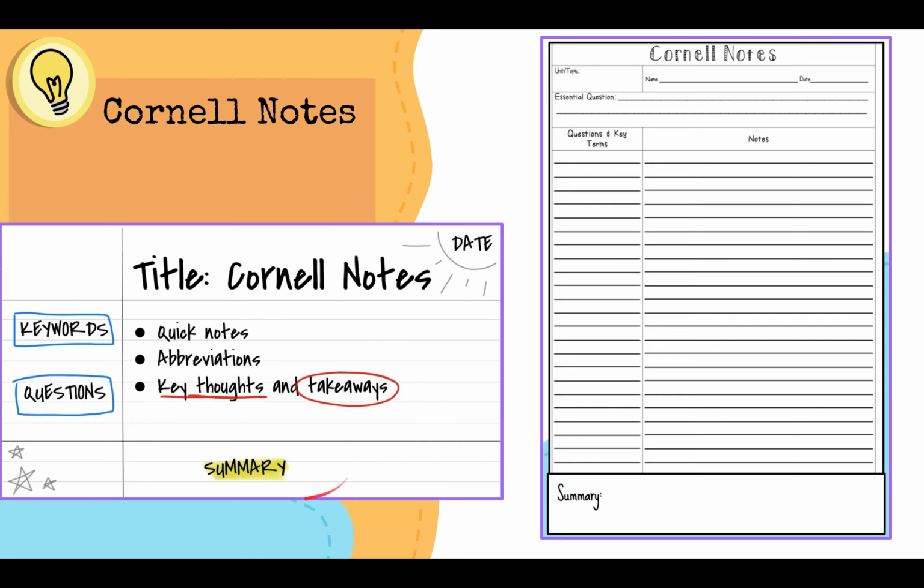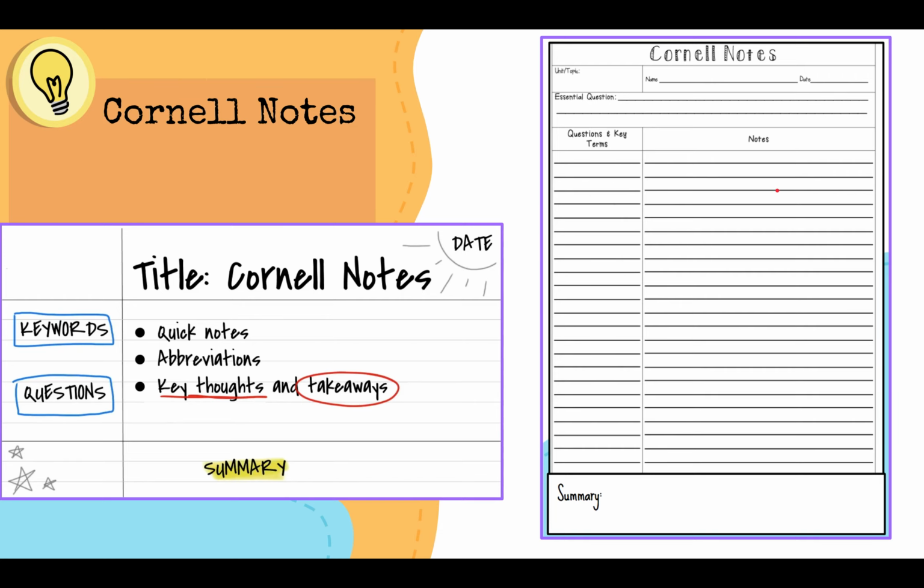On the bottom, you want to leave maybe 3 to 4 lines available for a summary. This is where we're going to take everything that we've learned and put it in a way that's going to help us understand and organize our ideas so that we can know what it is that we just learned.